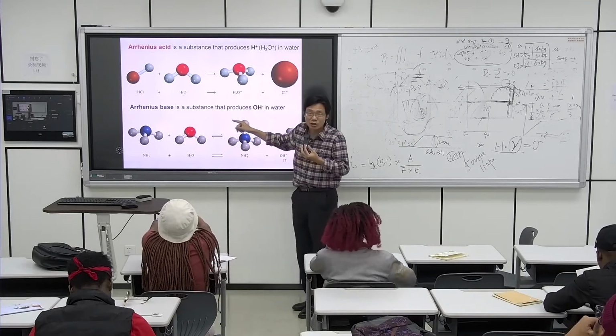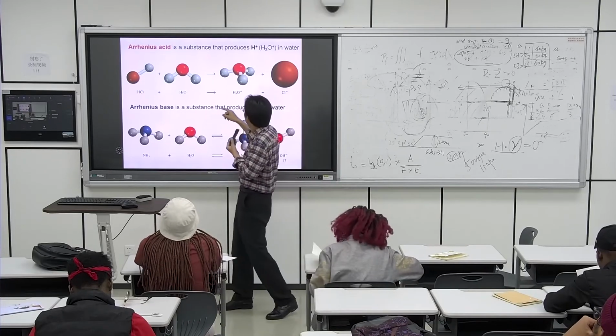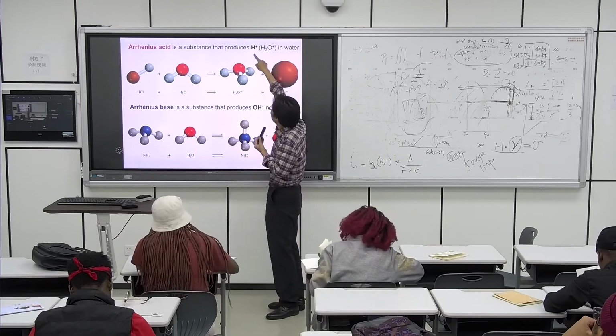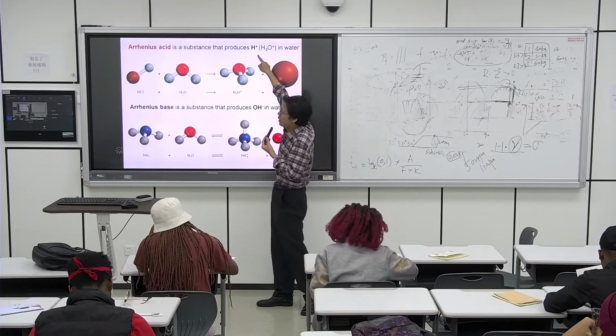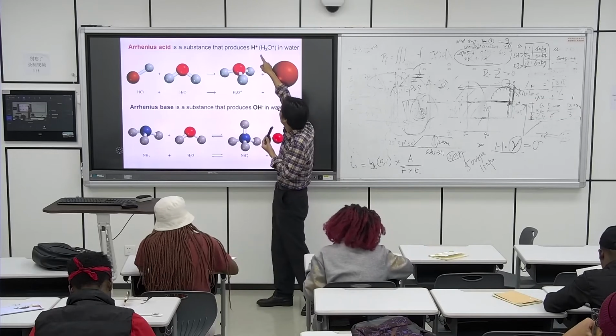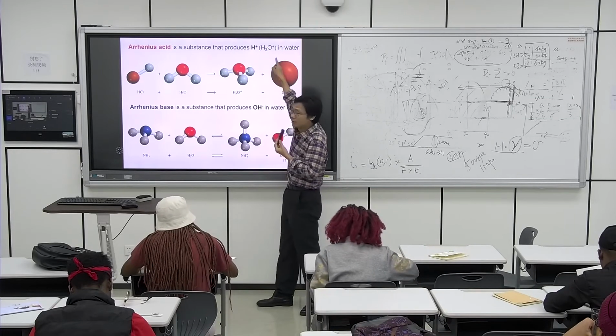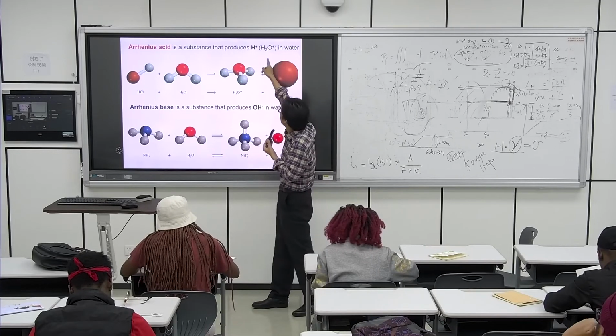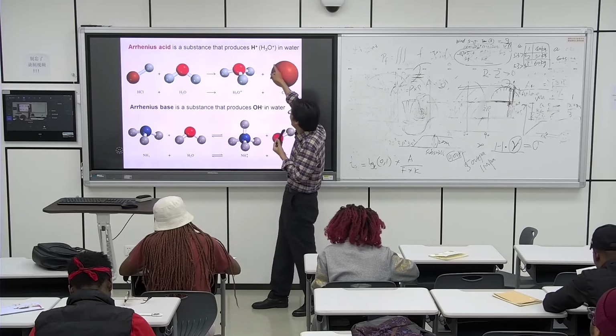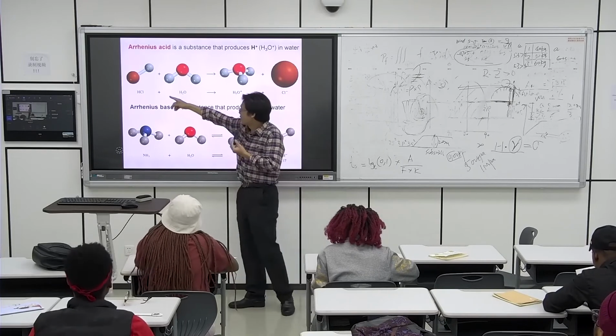So in water solution, in fact, note this. All these are shown like this. So if we release proton or this, we call it acid. So in this we can say it's acid.